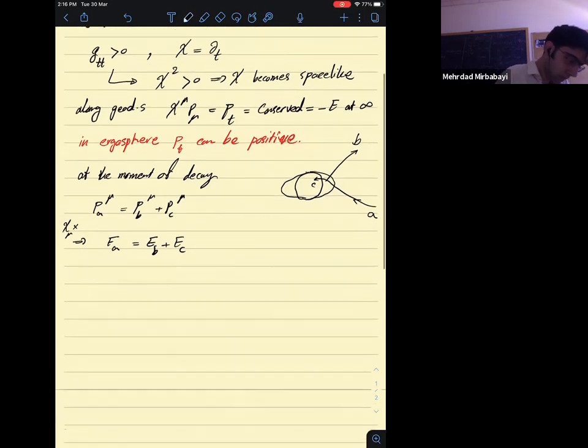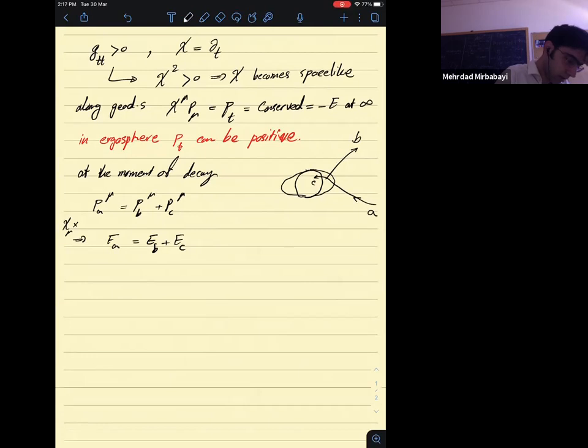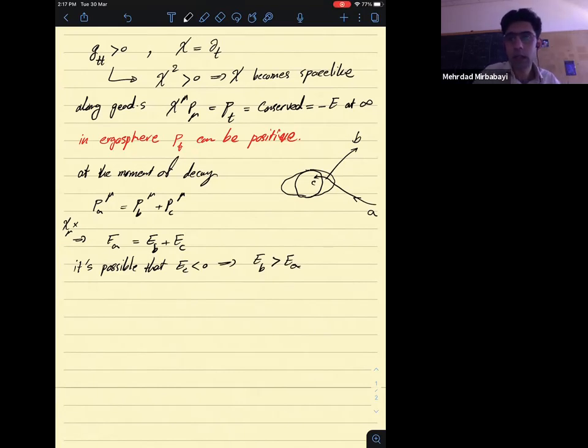Therefore, it's possible that EC is less than 0, which means that EB is larger than EA. So what we have done via this process is that we have extracted some energy from the black hole.